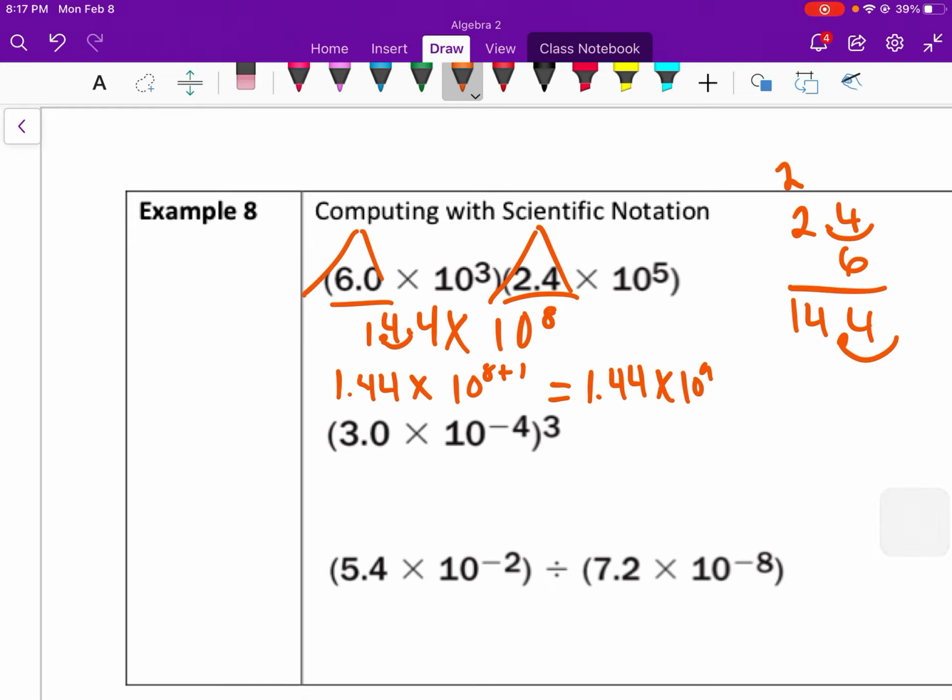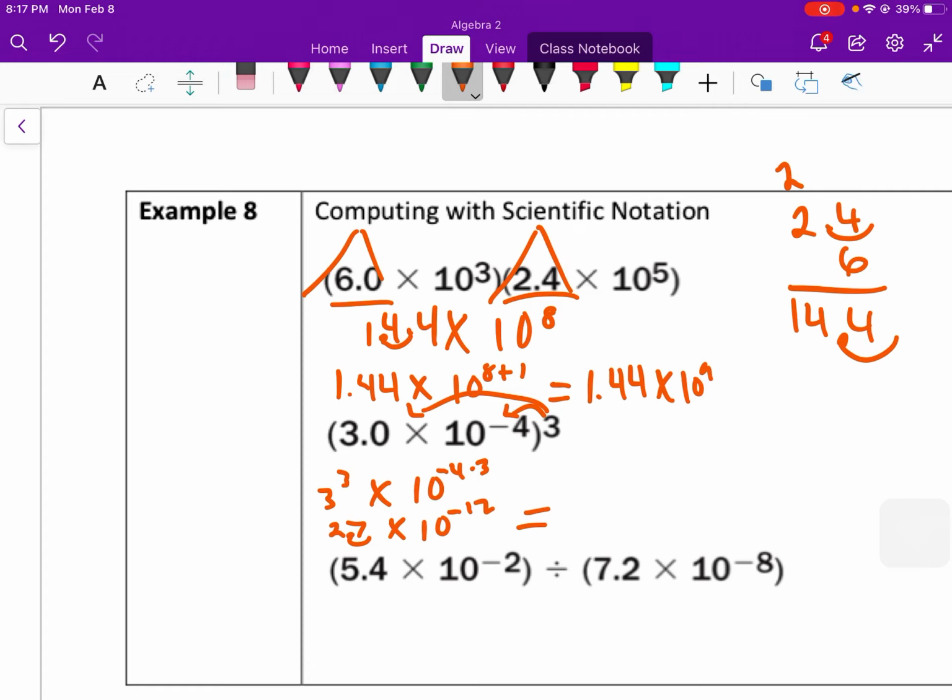So now in this case, since it's the product here, to the third power, we're going to distribute that 3 through. So we have 3 cubed times 10 to the negative 4 times 3. So 3 cubed is 27 times 10 to the negative 12th. That decimal's here, so we need to move that right here.